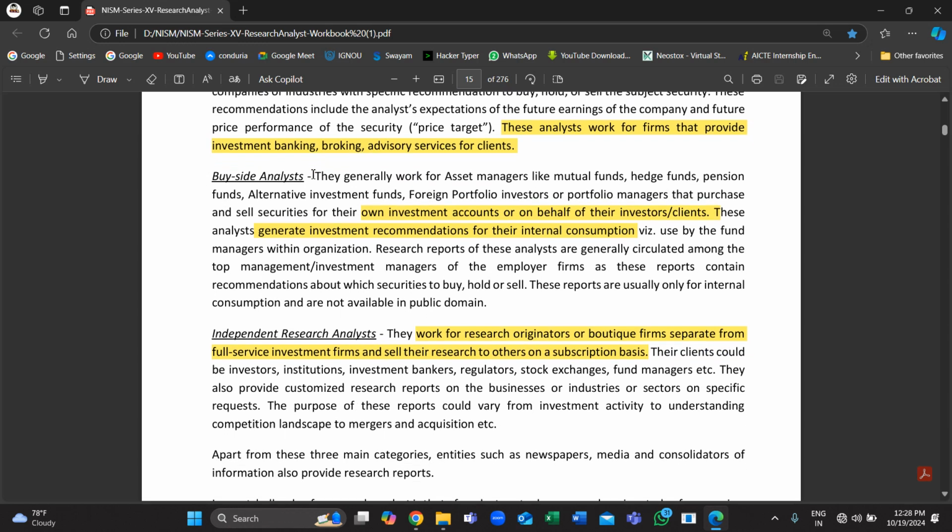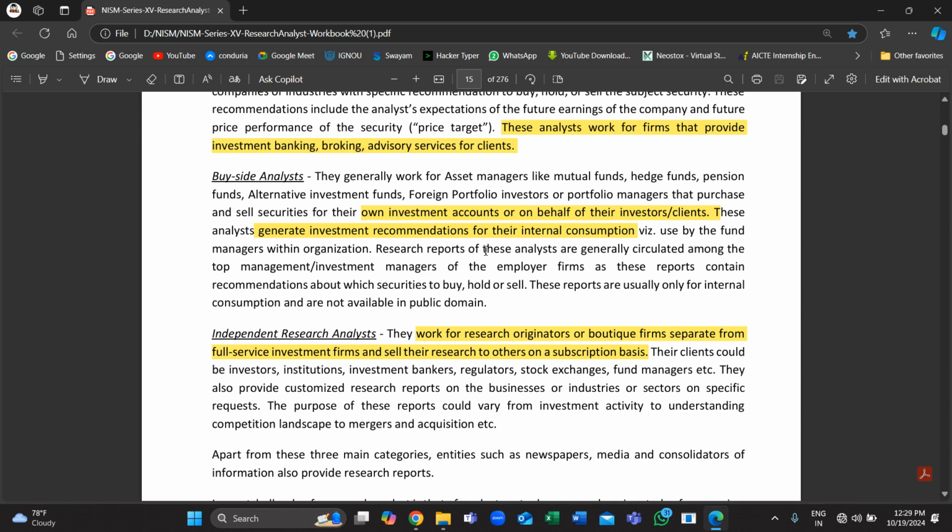Buy side analysts generally work for asset management companies, mutual funds, hedge funds, portfolio managers, etc. They do research on behalf of their clients. So these analysts generate investment recommendations for their internal consumption. Okay, they'll not disclose data publicly.